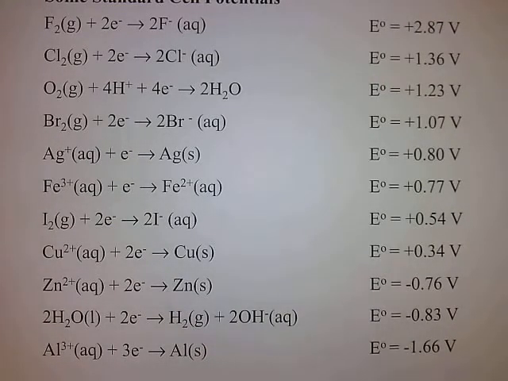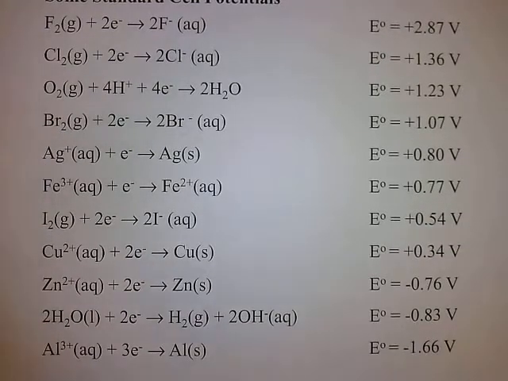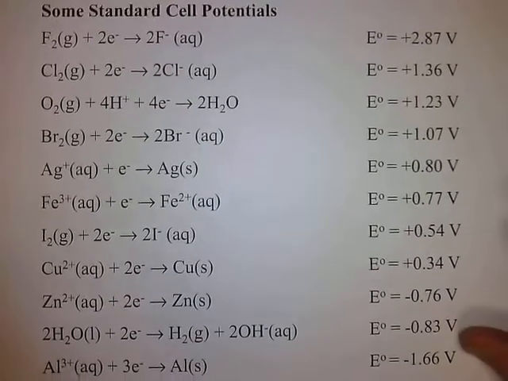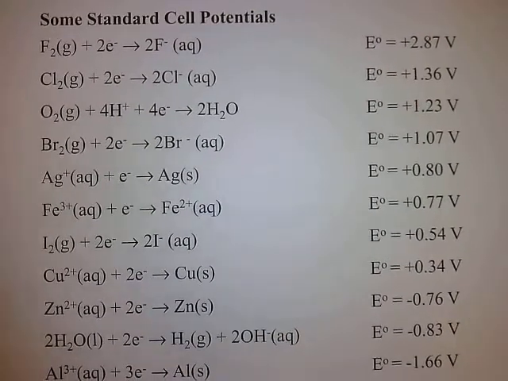So if you're thinking for a minute that this is sounding a little bit familiar, it should be, because you saw something very much like this in Chemistry 1. We didn't call it a table of reduction potentials.